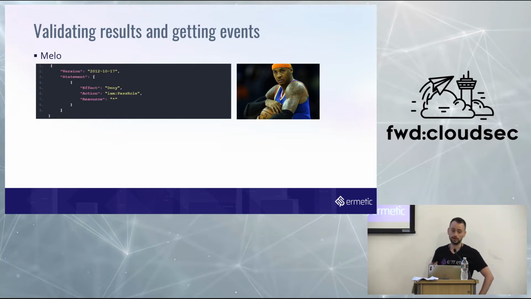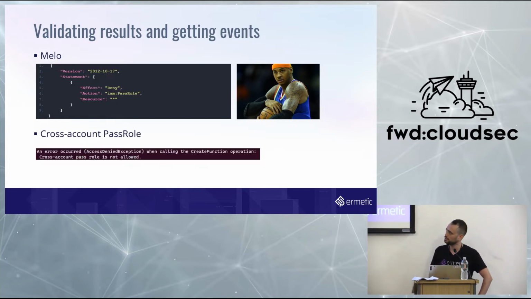There's actually a much quicker trick you can do at home if you're trying to find whether something you're building requires a PassRole dependency, which is just give it a cross-account role. Every attempt to put a cross-account role in a parameter gives this detailed, specific error message: cross-account PassRole is not allowed. So let's say you made a mistake.